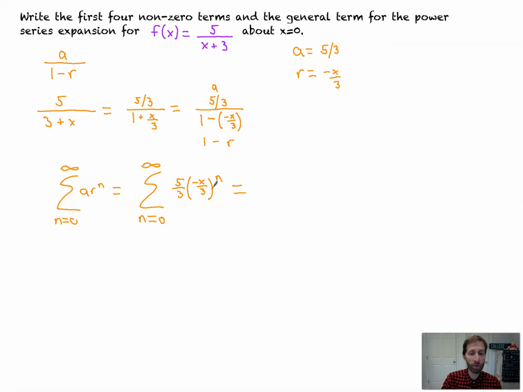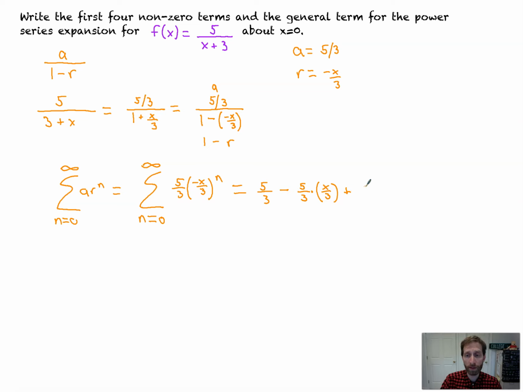So the first term, if we plug in 0, is 5/3. Then if I plug in 1, I'm going to get minus x over 3 to the 1 times 5/3. So that's going to be minus 5/3 times x over 3. Each time we're going to be multiplying by minus x over 3.